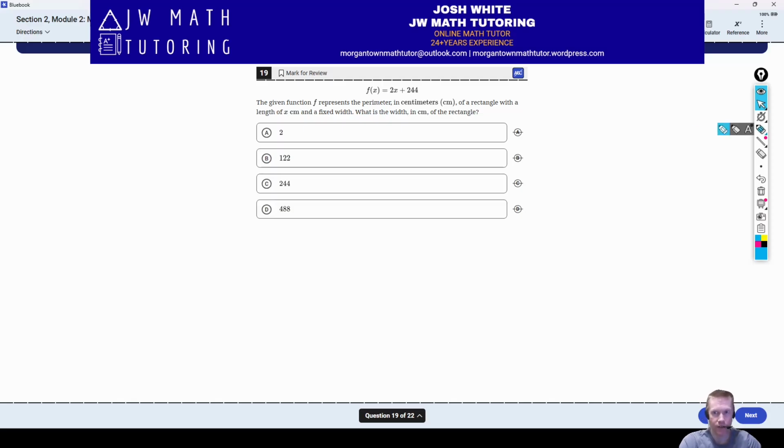All right, next. Here you have a function which represents the perimeter of a rectangle with a length of x and some width, some value which we don't know. What is the width of this rectangle? Okay, so if you remember, perimeter is equal to 2L plus 2W. So in this formula, x represents my length.